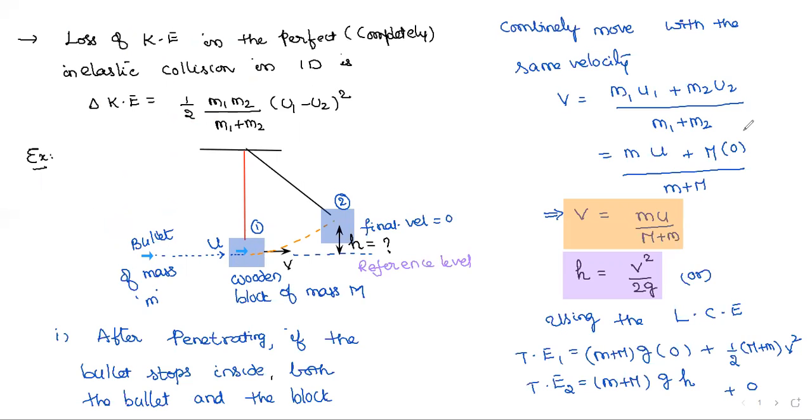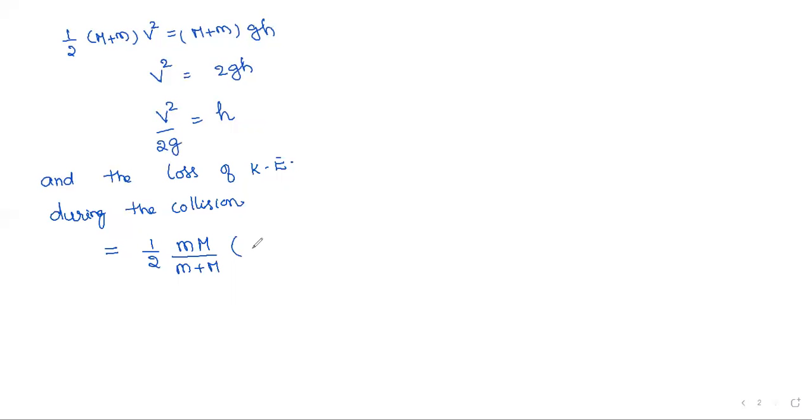At rest means u2 is 0, which I already substituted here. So u minus 0, that is u. So half m by m plus m into u square. This is delta KE.